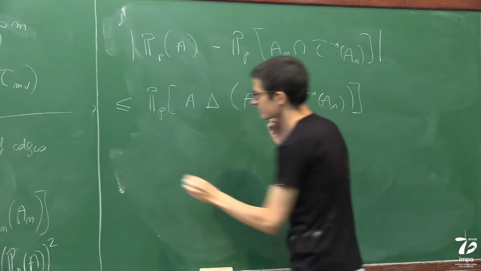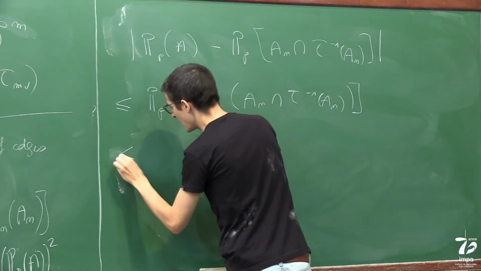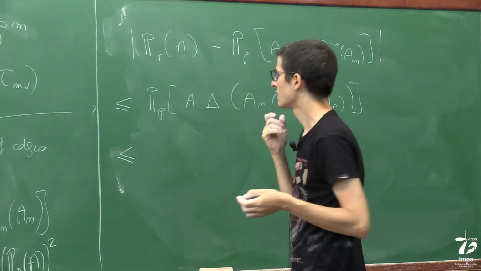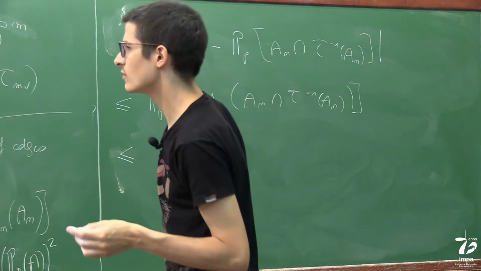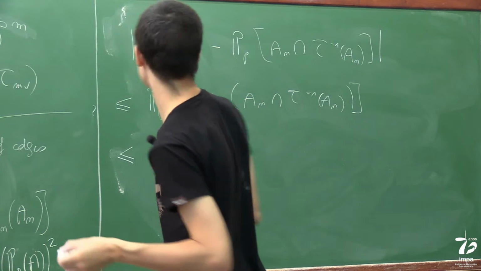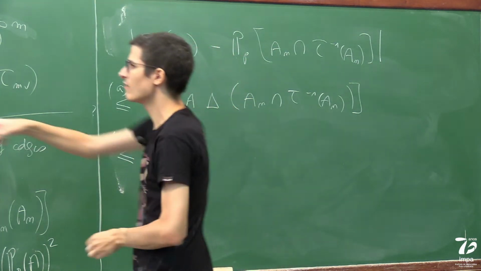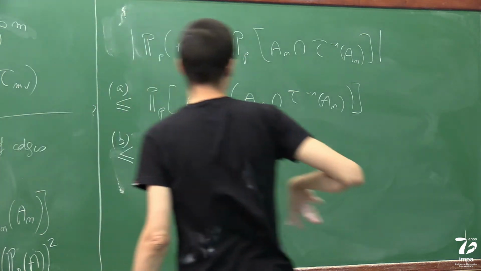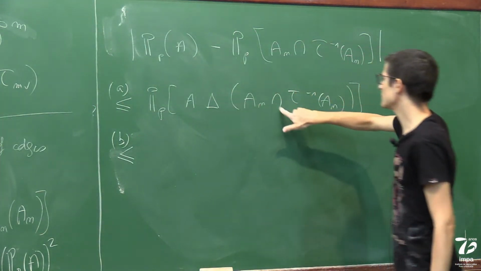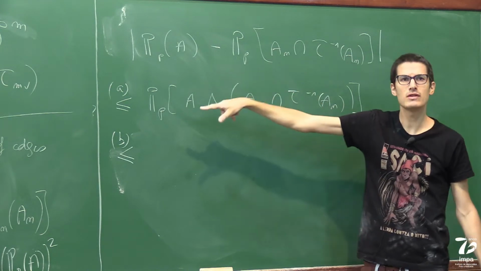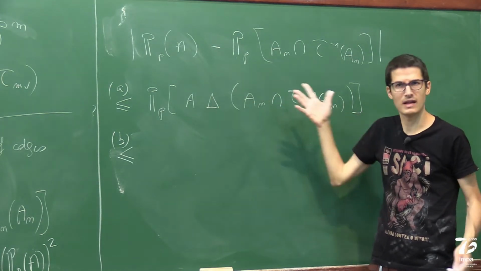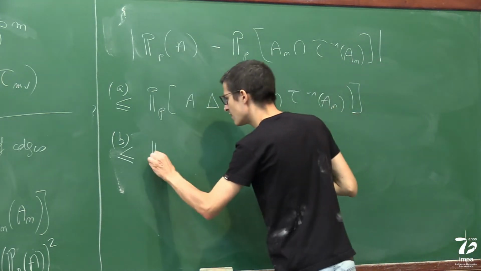Then I'm going to use B of the exercise over there. So I'm just distributing this thing to obtain a union, and if I obtain a union, then I can bound by the probability of the sum.